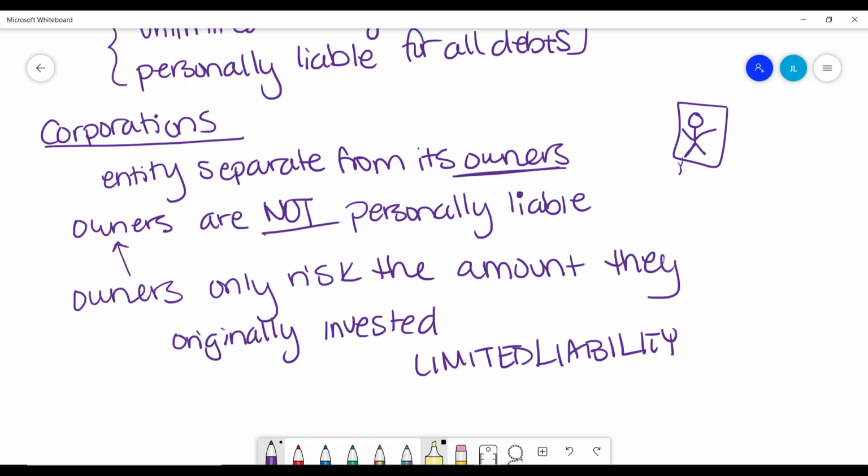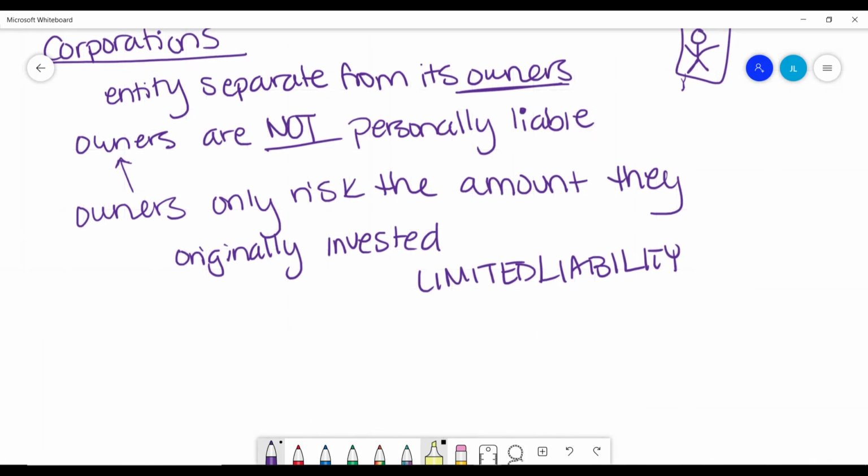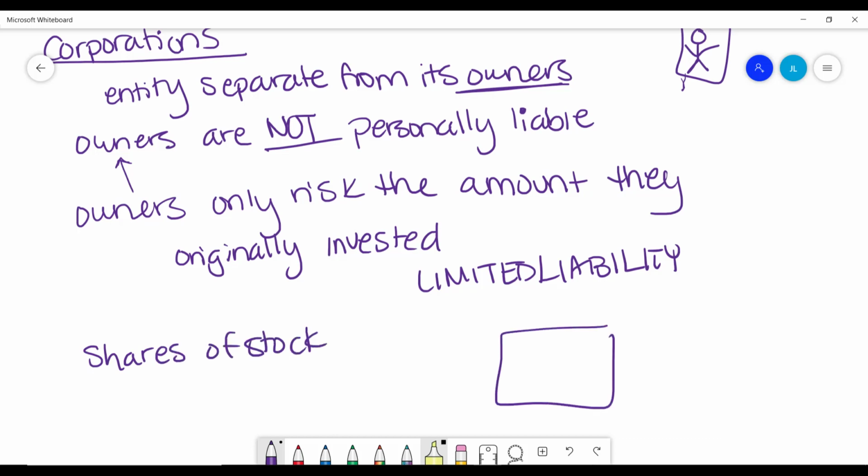And the ownership of a corporation is broken up into shares of stock in the business. So if you have a business that is going public, the owners are who we refer to as the shareholders of the business.